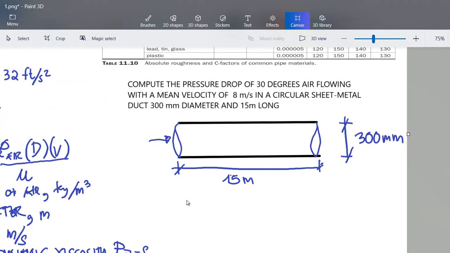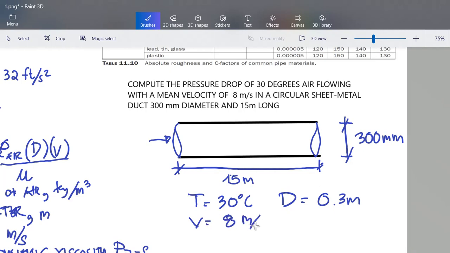So we have now your given: temperature, which is 30 degrees Celsius. Then we have your duct diameter, which is 0.3 meters. And we have your velocity, which is 8 meters per second. Then your length, which is 15 meters.